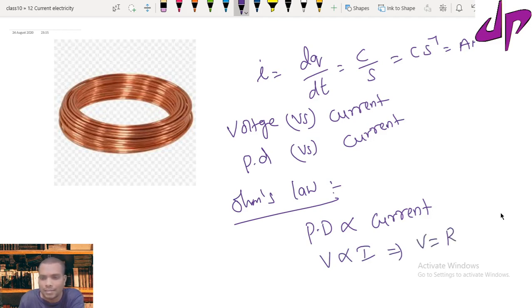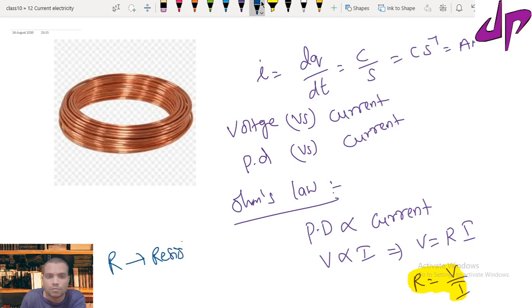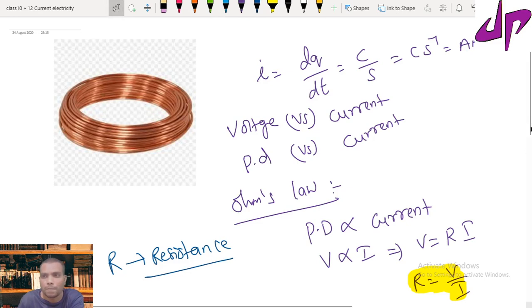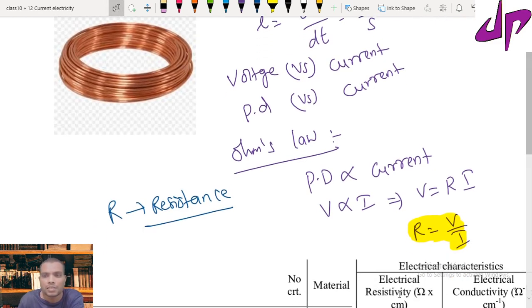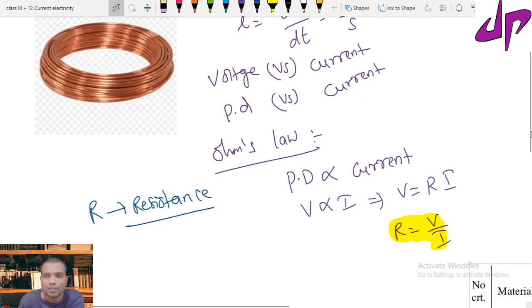We introduce a new property for conducting materials, or any kind of materials, and that new property is resistance. From this we define resistance R equal to V upon I. This resistance is a material property, so different materials possess different resistance values.